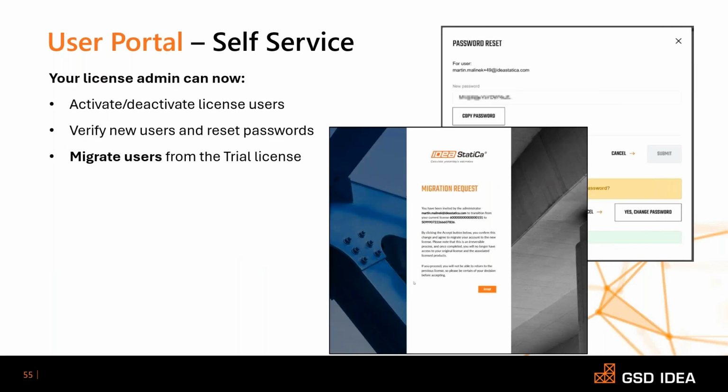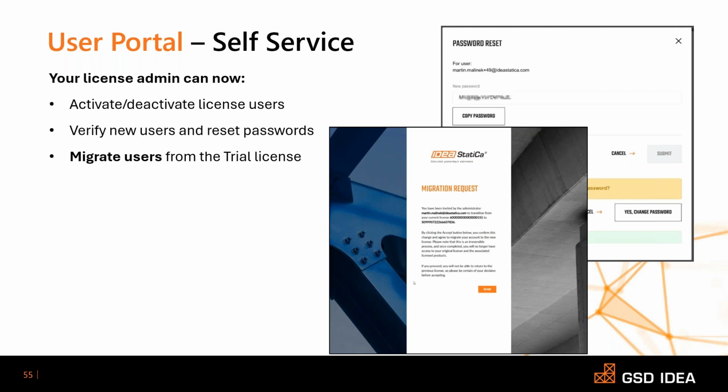Updates in the user portal. This is something that you use only occasionally, but your admin probably uses it much more often. So your license admin can now activate or deactivate license users very easily. No need to reach for StatiCa support. Admin can verify new users and reset passwords, again, without StatiCa or GSD support. This is up to the latest security standards, so there is no password being sent via email as it was previously.